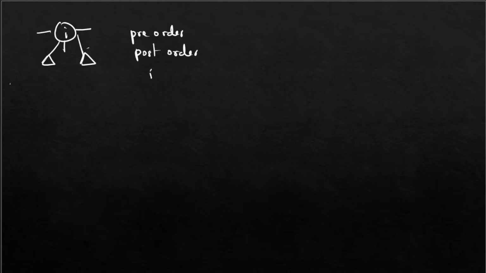So this is the diagram for triple order. So 1, 2, 3 and here like this. So this is for pre-order, post-order, in order.